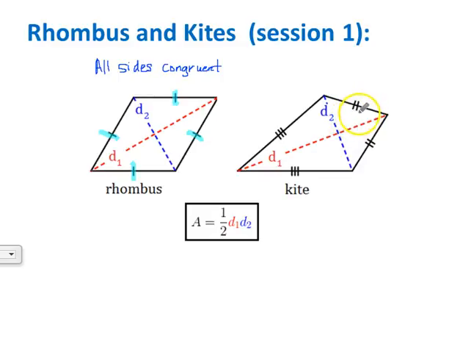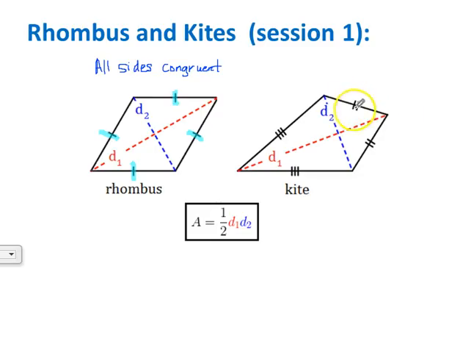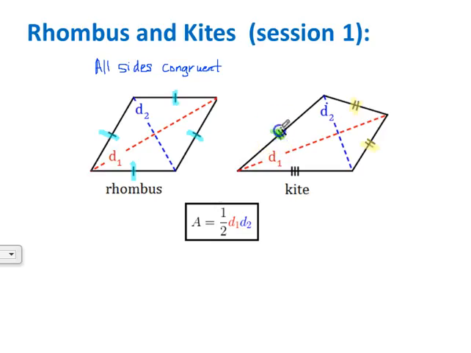What about looking over here at the kite? Let's look at the ticks on our kite. Here I see there are 2 ticks on this leg and 2 ticks on this leg. But looking at our other legs, I see there are 3 here and 3 here. So not all of our legs are congruent, right?